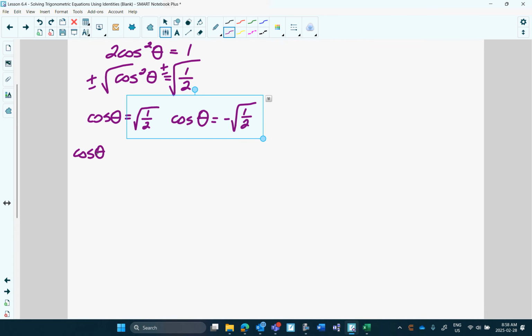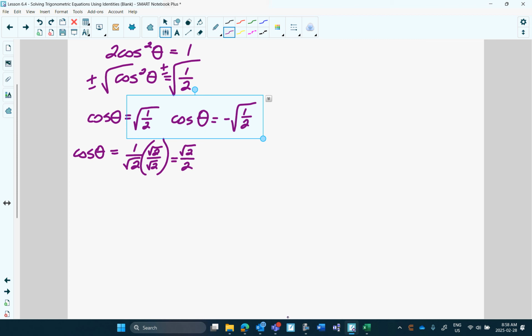Remember, square root of 1 over 2 means the square root of 1 over the square root of 2. So I could write it like this. That means the same thing. Rationalize the denominator, turn it into a non-radical by multiplying the bottom and top by √2, and I get √2 over 2.